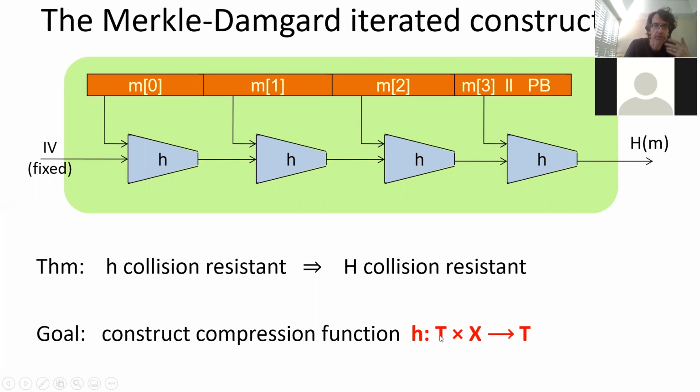For the Merkle-Damgard construction, it is convenient to think of this object as splitting its inputs into a part that is the same size as the target and the rest. By the way, there are other collision resistance constructions than Merkle-Damgard.